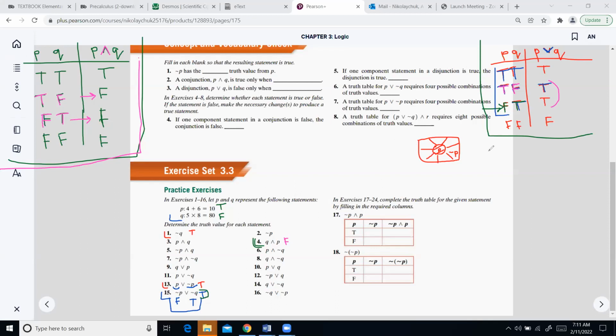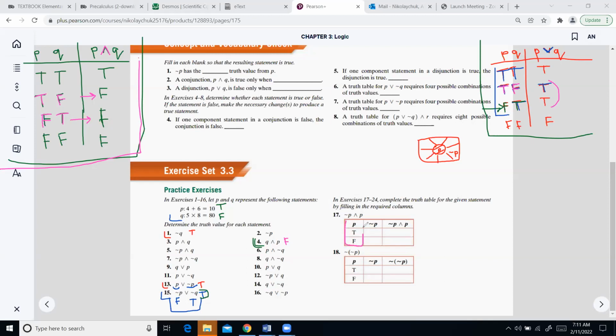So let me try to do problem number 17 to actually fill the little table in here that wants us to look at the case with not P and P. So how do we start to deal with tables?